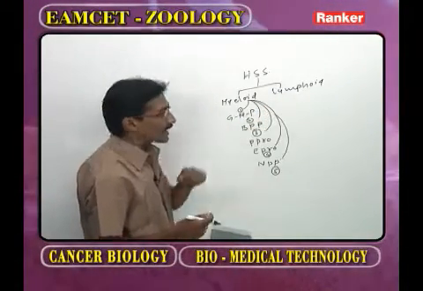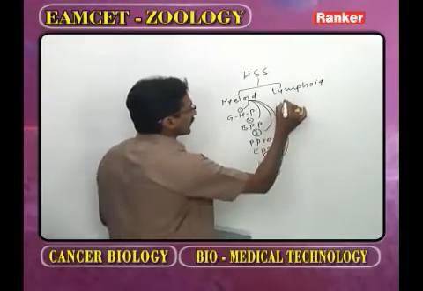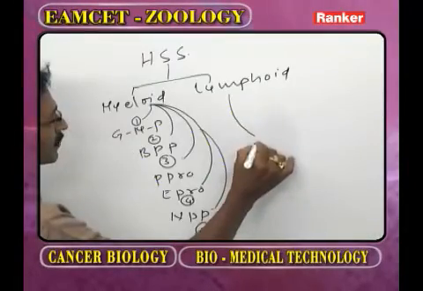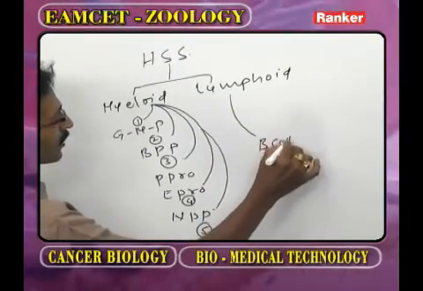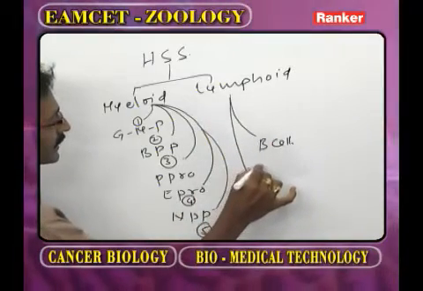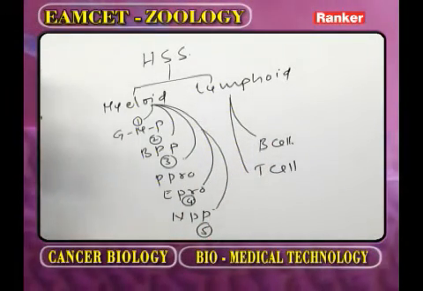As we observe the lymphoid progenitor, it gives rise to B cell and the second one T cell.